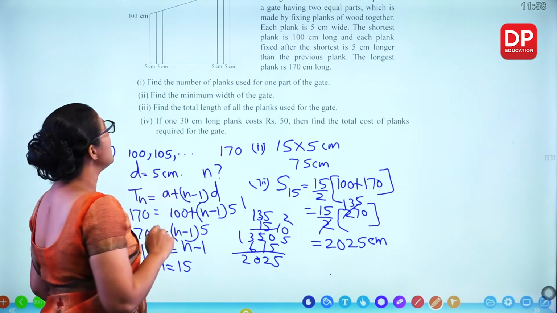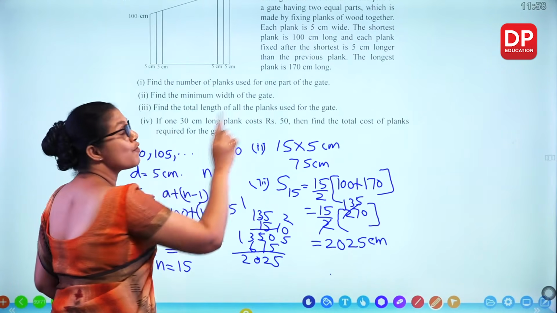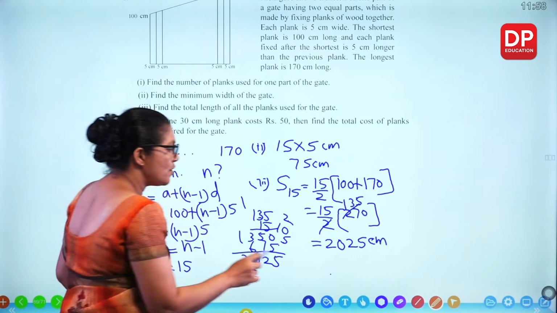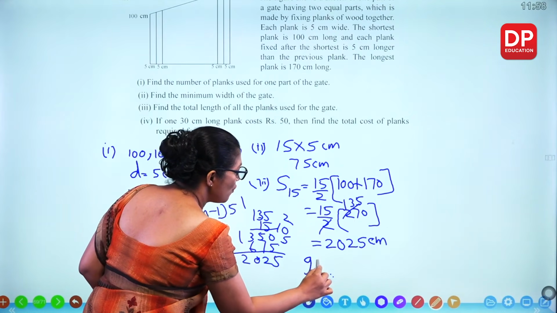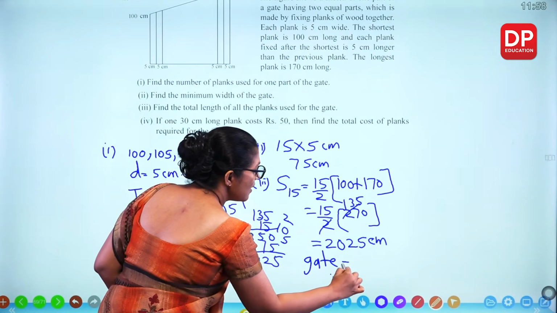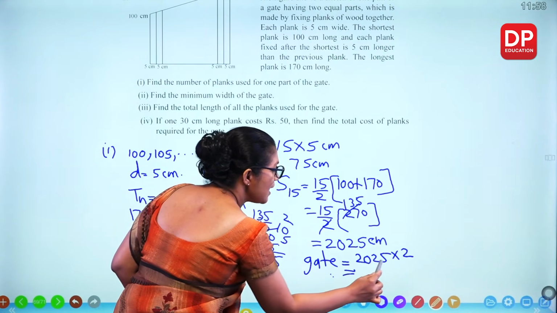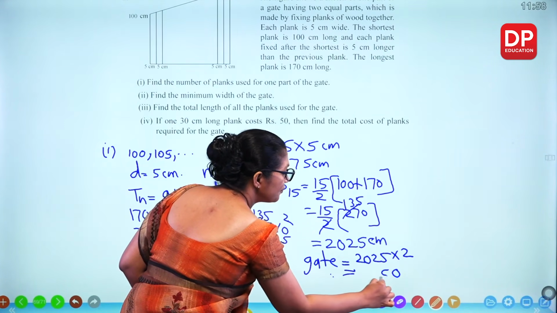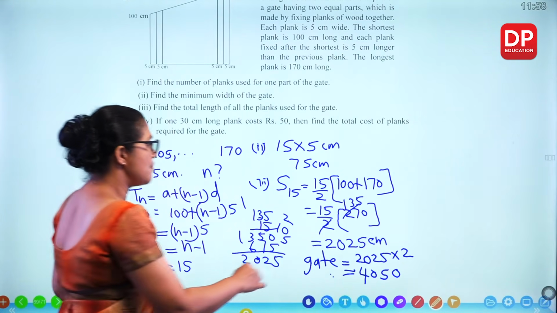And what's the total amount that we required? Length of all the planks used for the gate. So for the full gate, you need to multiply this by 2. So what's the length? 4050 centimeters.